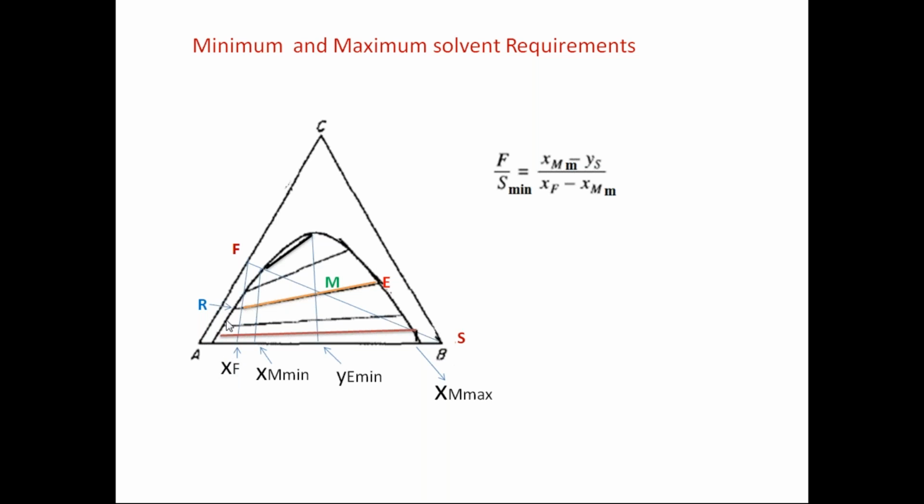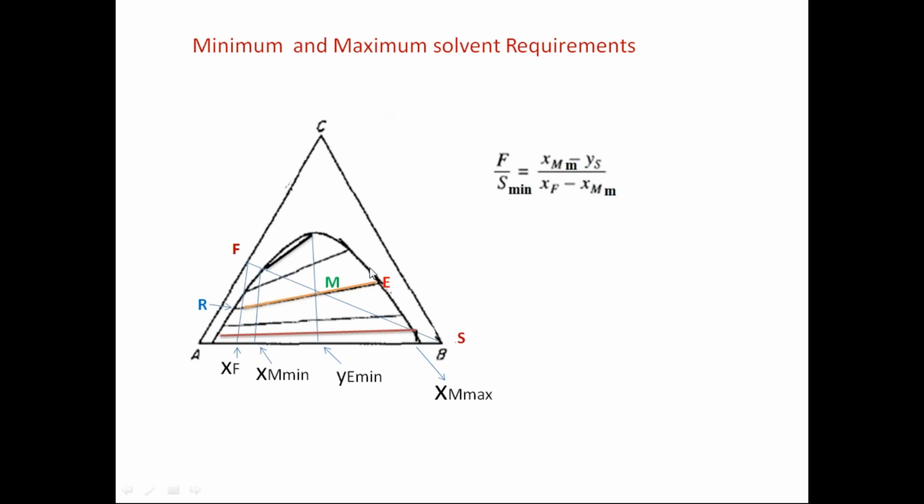For example, if the feed composition is at this one, then you will again have different values. So you can analyze what happens to the solvent requirement if feed composition increases, and what happens to the minimum solvent requirement if the system changes. The system may not be like this always, and tie lines may not be like this always. So it does depend on the system.